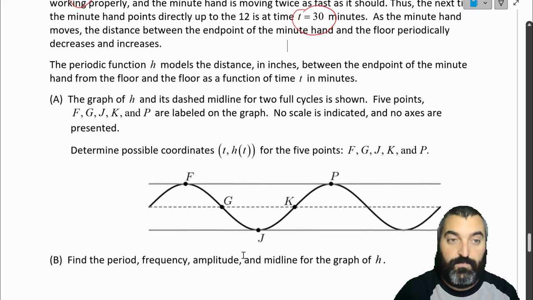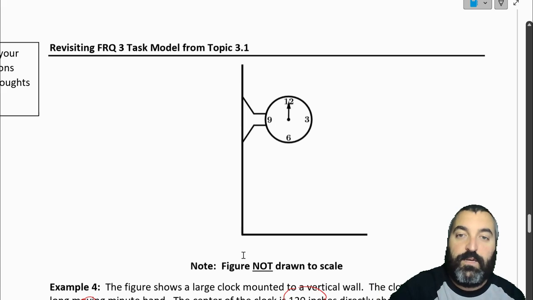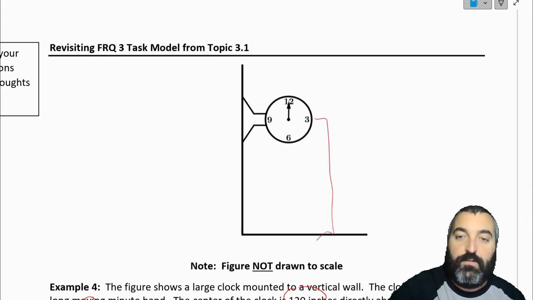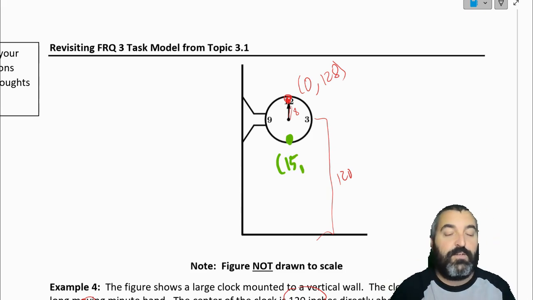We did this. I'm going to go through this first part, part A, quickly, because it's telling us from here to here is 120. This is another 8 inches. So this coordinate point here at time 0 is going to be 128. Well, this point would be half of the full 30 minutes that it takes to go back up.